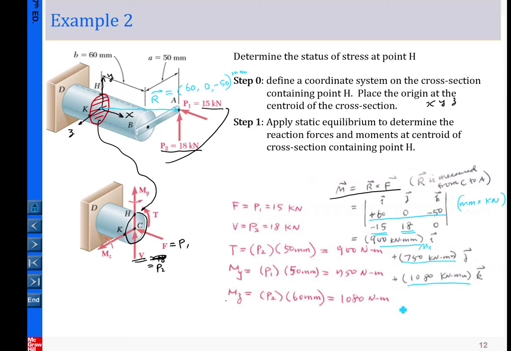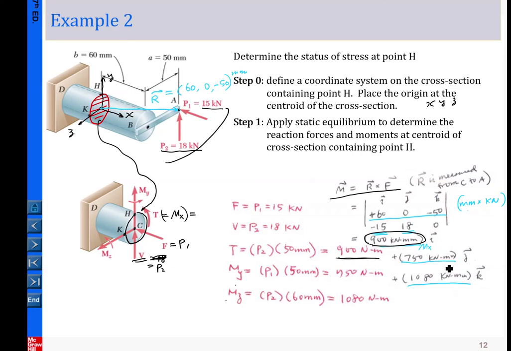Mx is the bending about the x-axis, and in terms of our physical understanding, about the x-axis that is T, so T equals Mx. We calculate Mx, and that is 900 kilonewton millimeters.